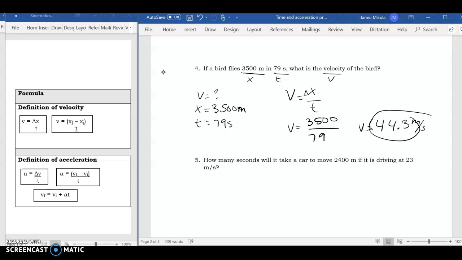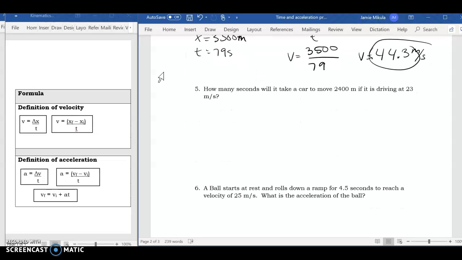All right, number 5. How many seconds will it take? Seconds is time. Take the car to move that distance if driving at that velocity. All right, so v equals 23 meters per second. X equals 2,400 meters. We want to know time.